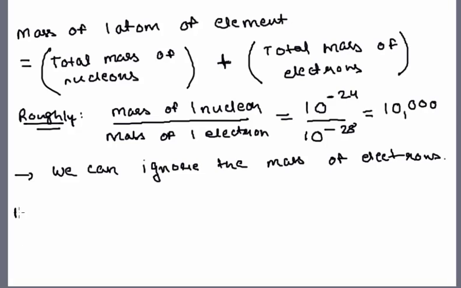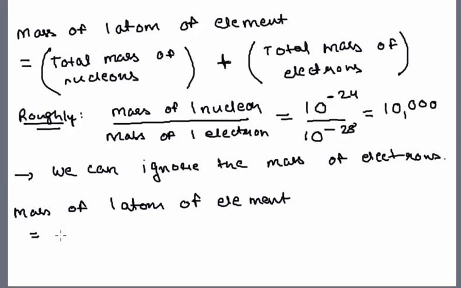Fine. So moving ahead, now in the mass of one atom of an element, I will only consider the total mass of nucleons. I will ignore the mass of electrons.